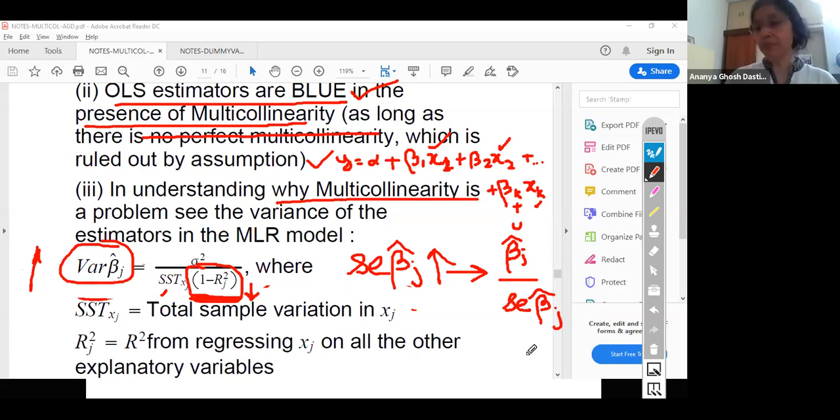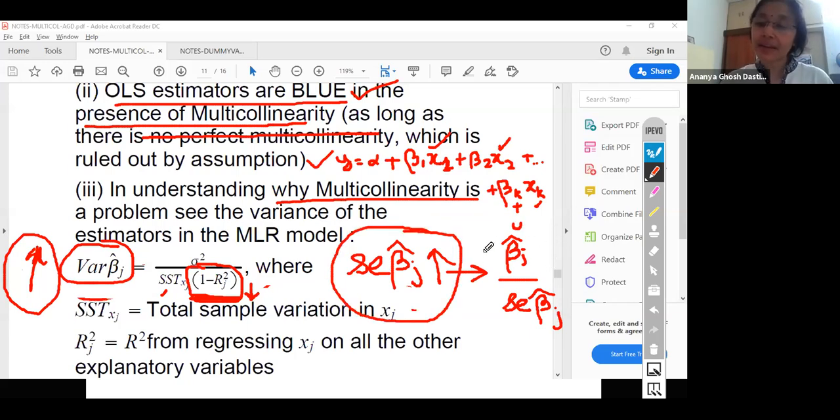It is a problem because it inflates the variance of our estimators, which in turn inflates the standard error of the estimators, which in turn tends to lower the t statistics.